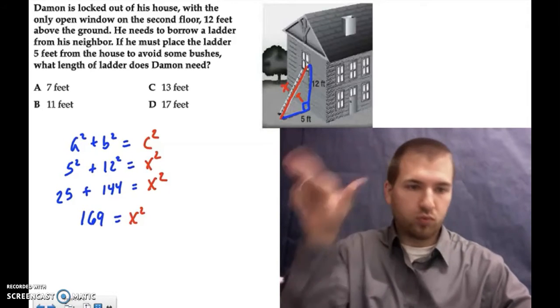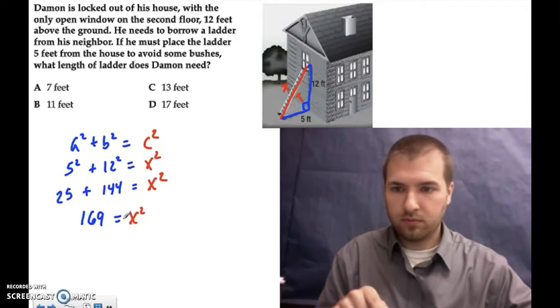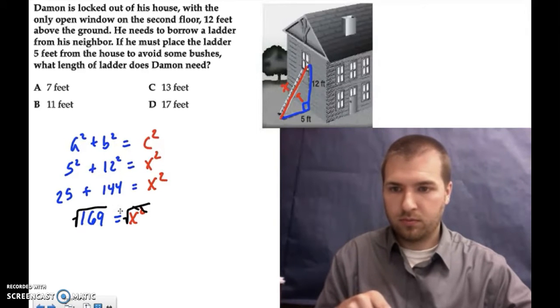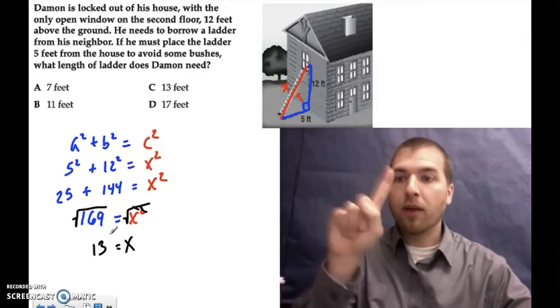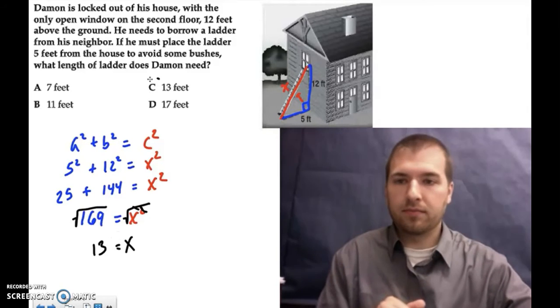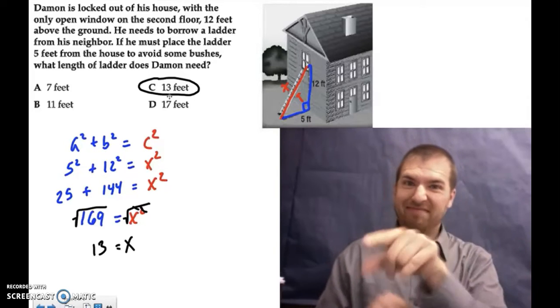So now, in order to cancel out the squaring, we need to square root everything. So we're going to square root both sides to cancel that out, and then square root our 169. So x equals 13. So that'll be option number C, or letter C. Alright?